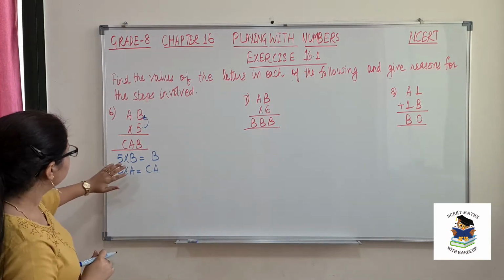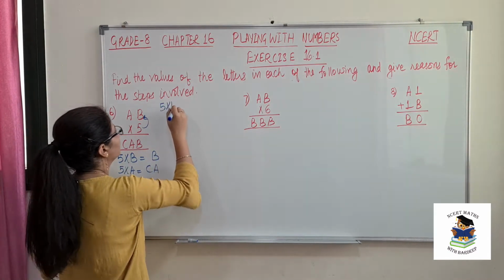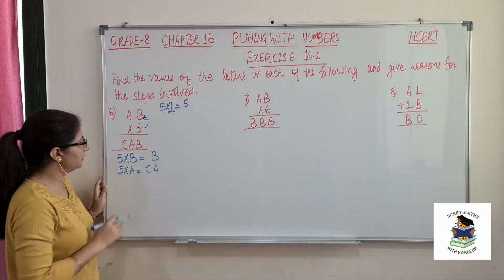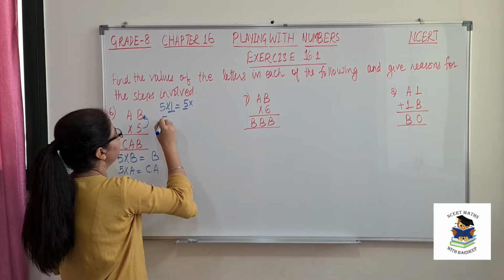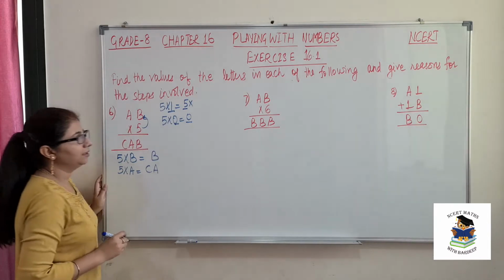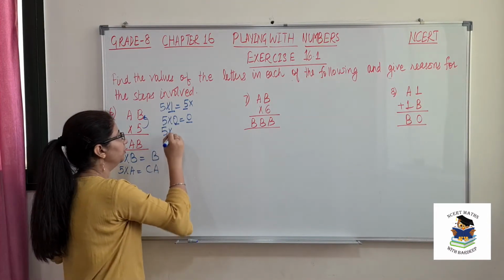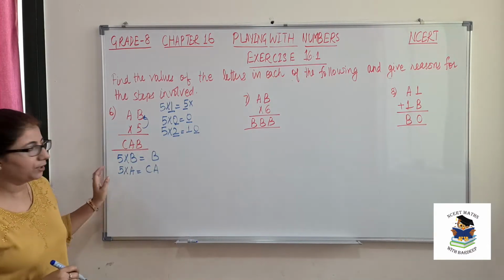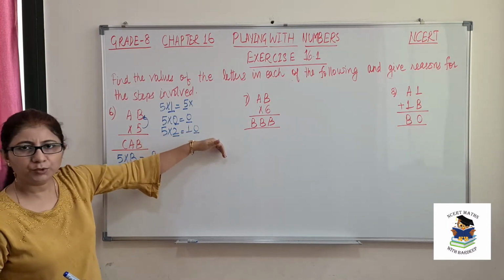So let's first check this. 5 into 1 is equal to 5. So we are putting this as B. So this is not same. So this is not possible. If I put 0, then I can say that 0 and 0 are same. So 5 into 2, this is 10. So this and this is not same. Okay. Similarly 5 into 3, 15. 5 into 4, 20.